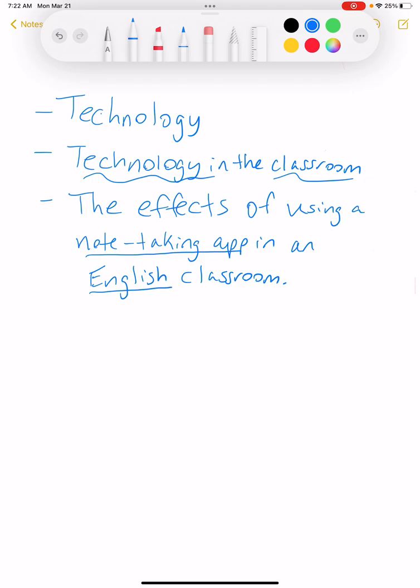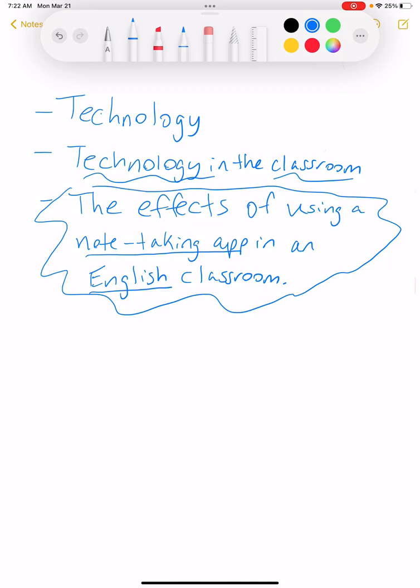So what I'm going to do is turn this right here into a research question, because you want to have a research question to guide you and help you find sources, but you can't get a research question until you have a narrowed topic.